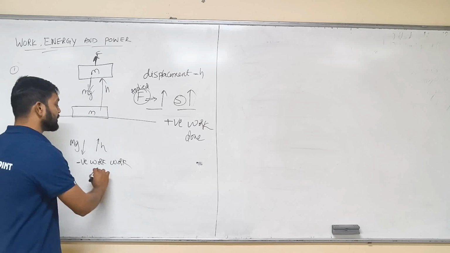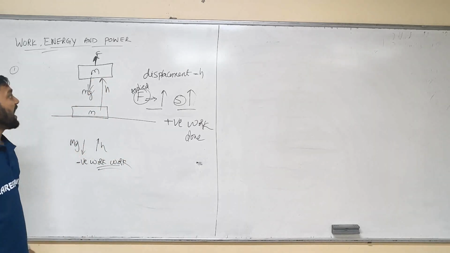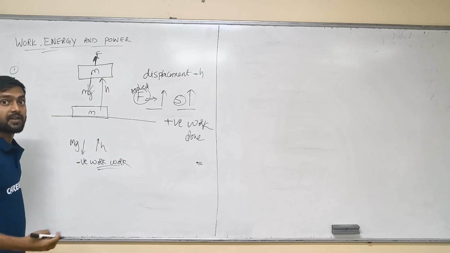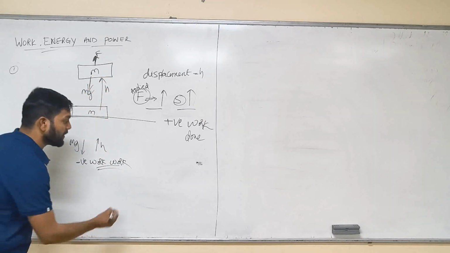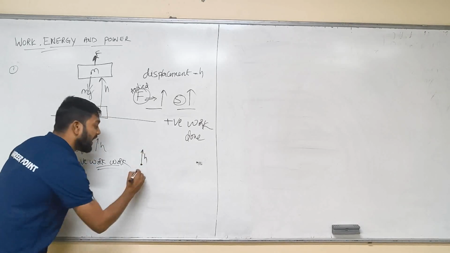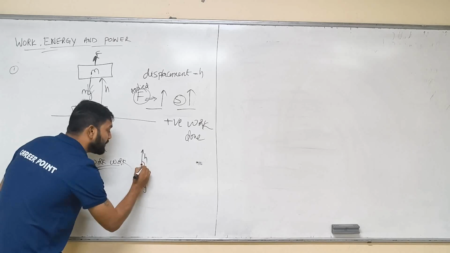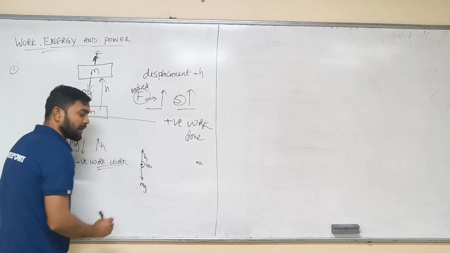The angle between the gravitational force and the displacement is equal to 180 degrees. You see here, the displacement is along this direction and the gravitational force is along the downwards direction. So the angle between these two will be equal to 180 degrees.